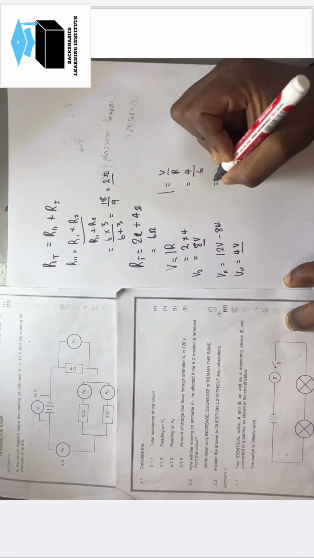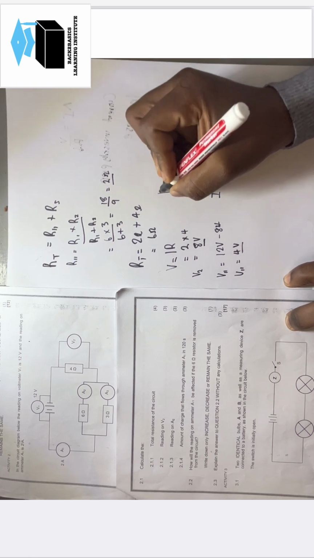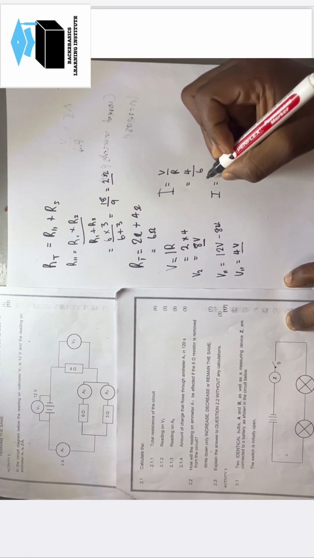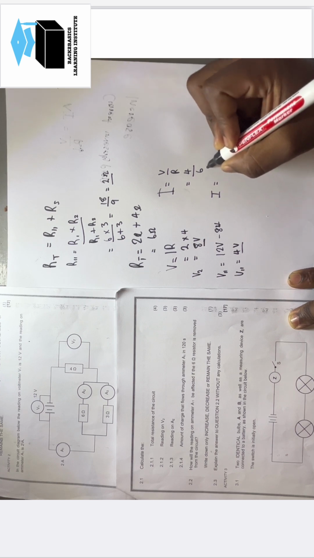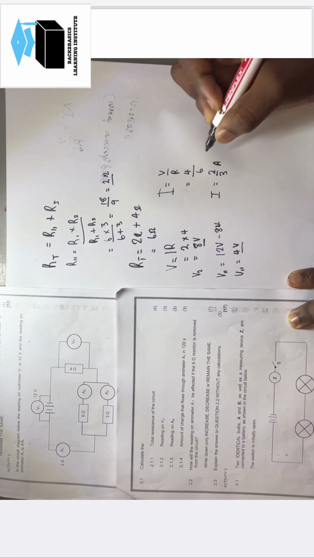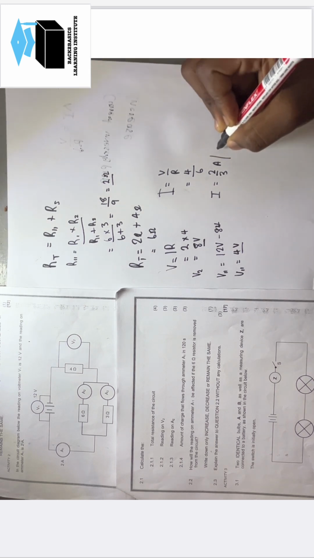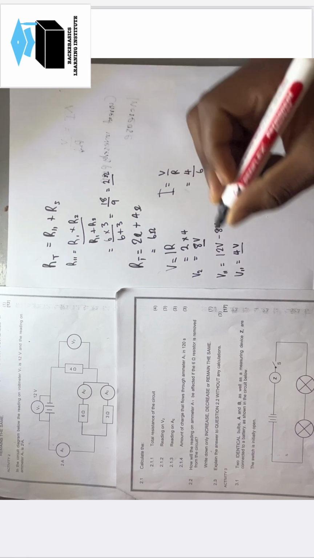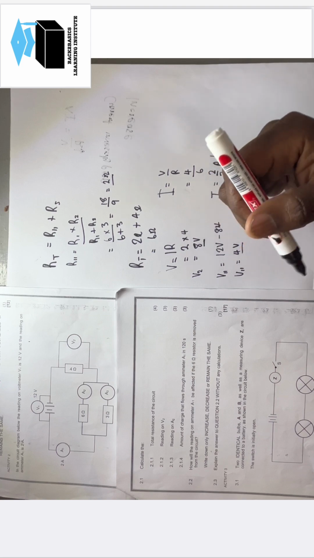So therefore your I, which is your current, is going to be 2 over 3 amperes. That's going to be your reading of your current, which is 2 over 3, right? This can also be written as 0.67 amperes.